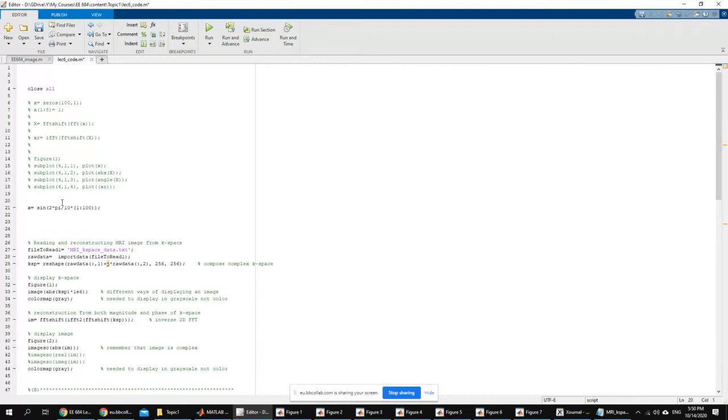And X undersample is exactly the same thing, except that instead of taking 1 to 100, it steps by 2. And let's draw that.